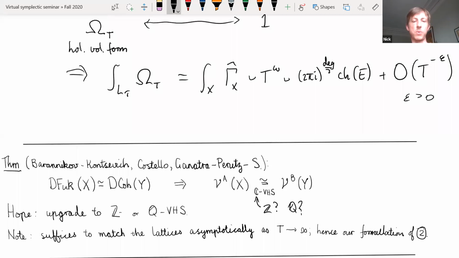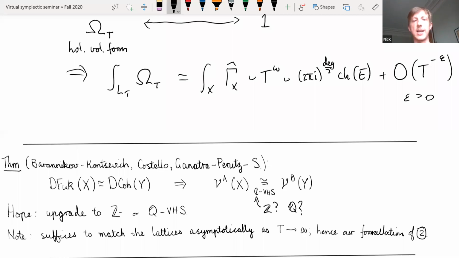And so since we already have this isomorphism of complex variations of Hodge structures, as I said in response to Nicholas's question, to upgrade that, it suffices to match the lattices of flat sections on the two sides in the limit t goes to infinity.